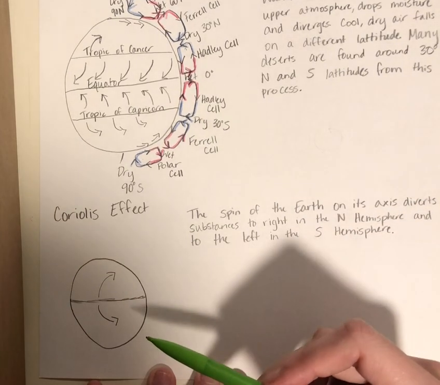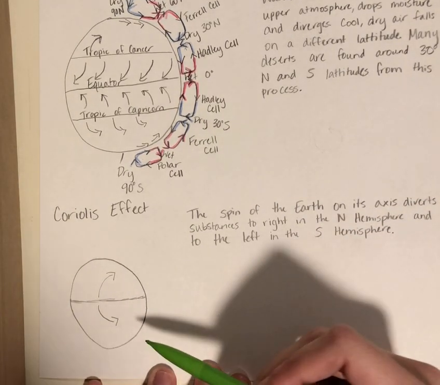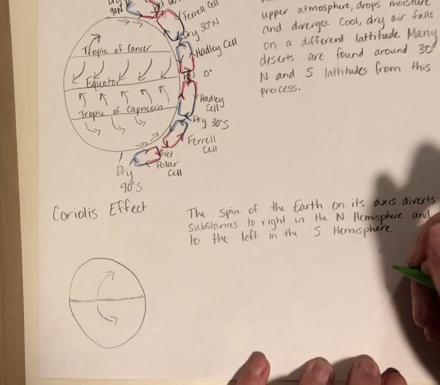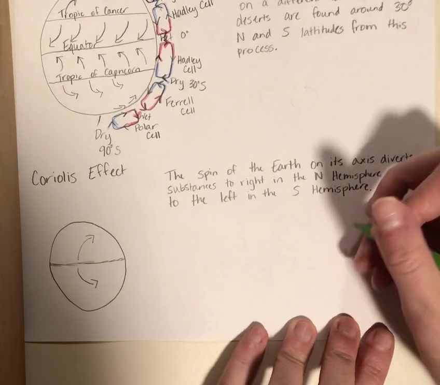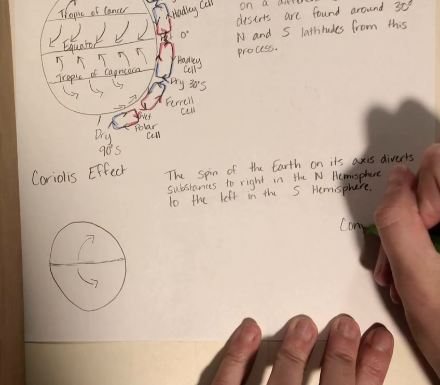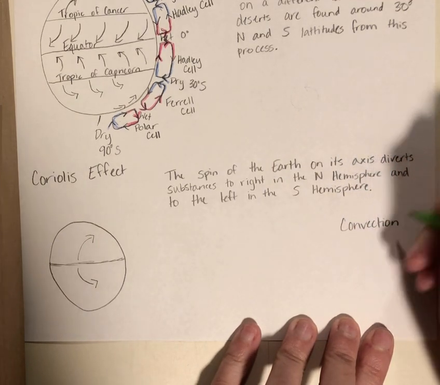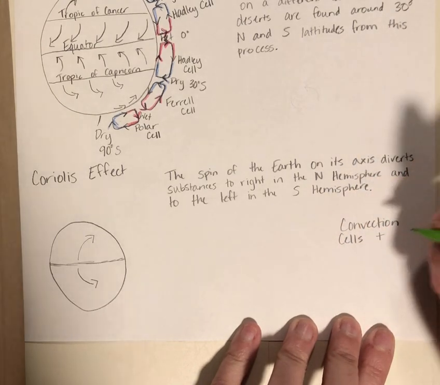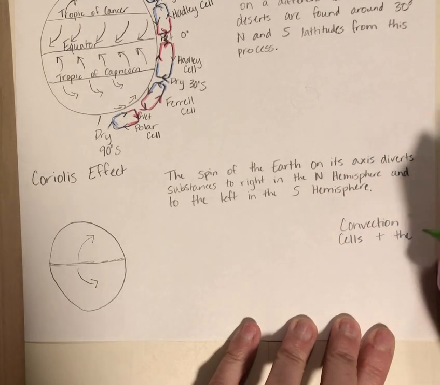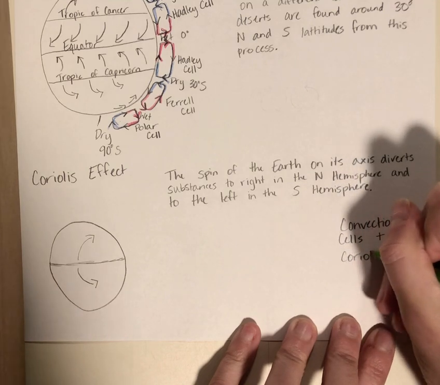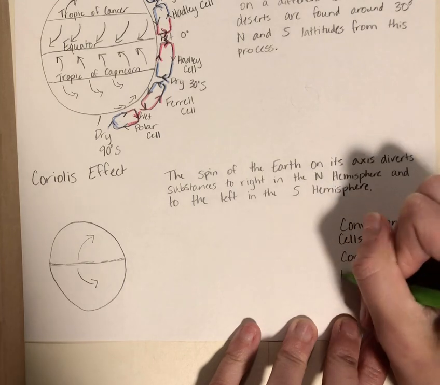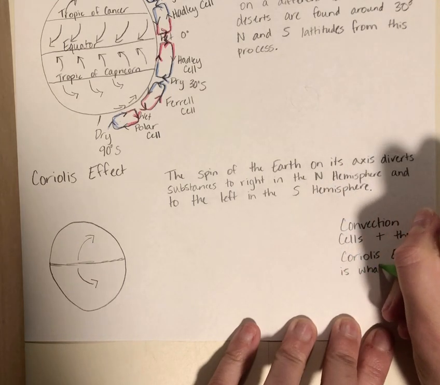Again, my arrows may not make much sense right now, but I promise they will later. So convection cells, what we talked about above, plus the Coriolis effect is what creates our winds.